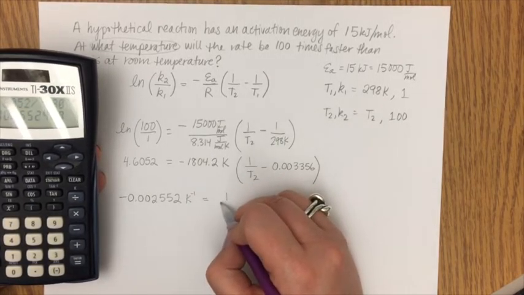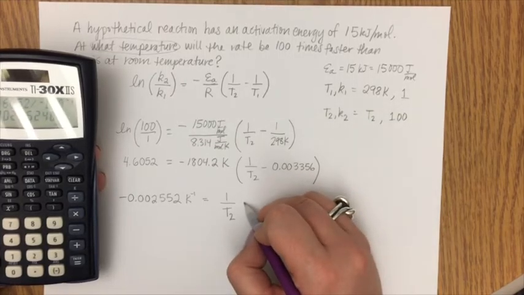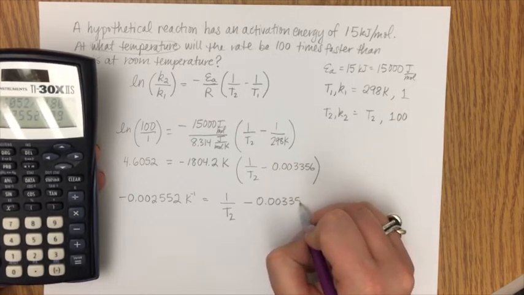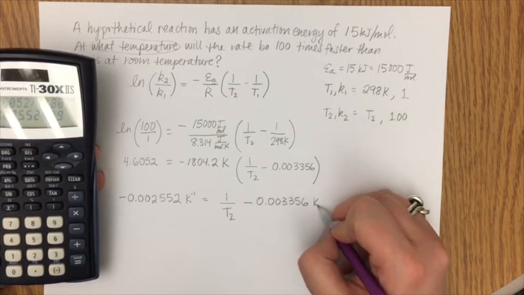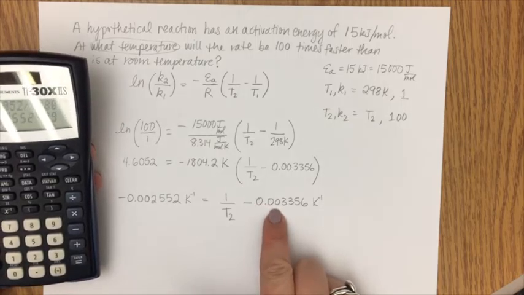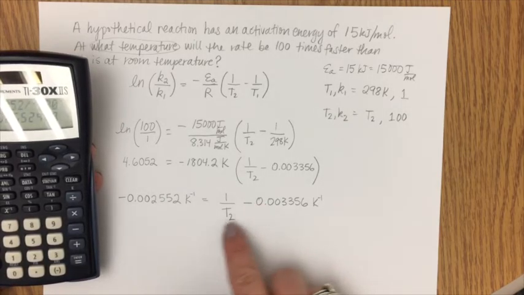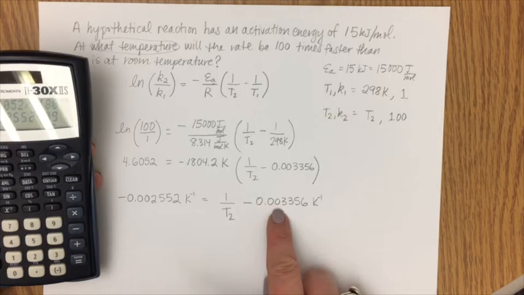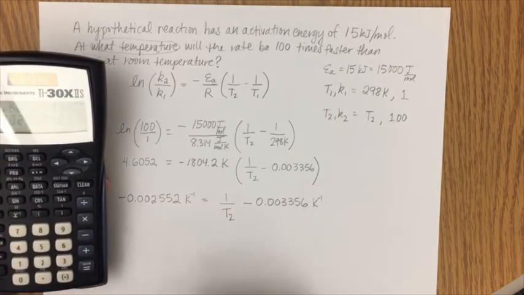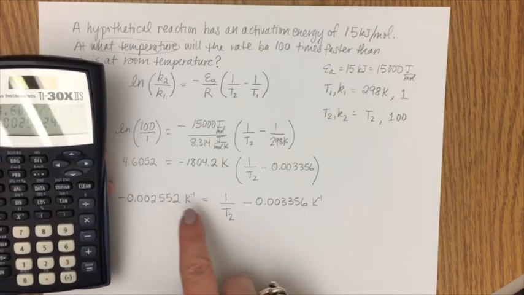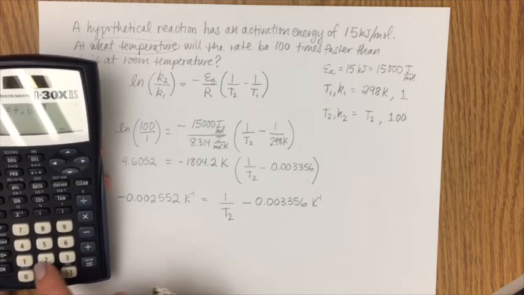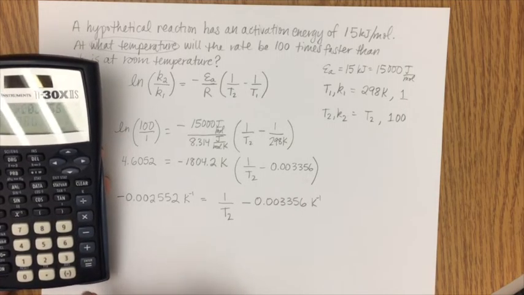And that's going to equal, now our parentheses can be undone, 1 over T2 minus 0.003356, which again is per Kelvin. And now I've got this thing over here and I don't like it because it's messing with my T2. So I'm going to add this to both sides. So I take my negative 0.002552 and I'm going to add 0.003356.